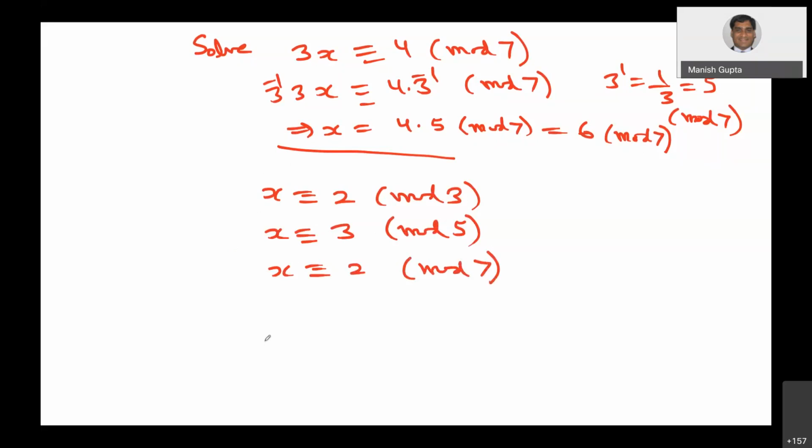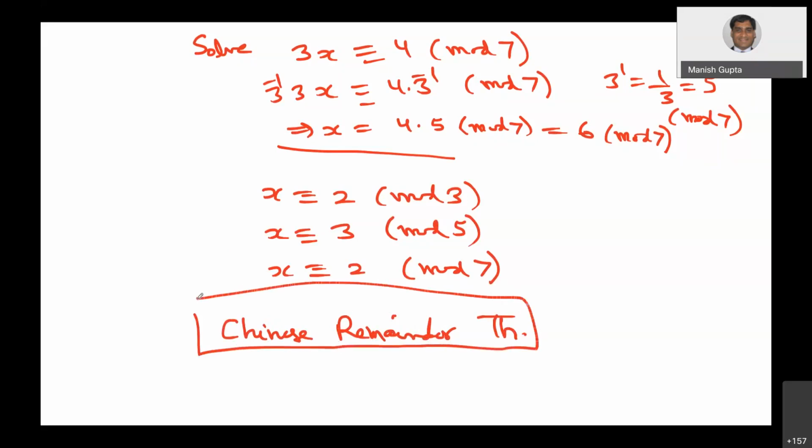How will you solve it? In other words, I'm going to tell you the Chinese remainder theorem. It's a very popular theorem, and let me describe it with a small simple proof.